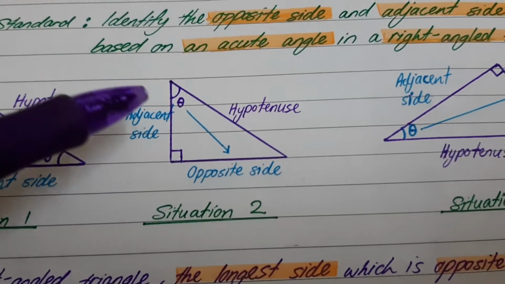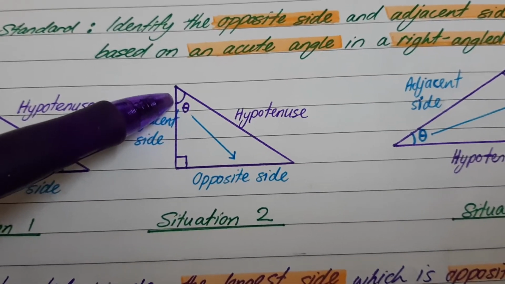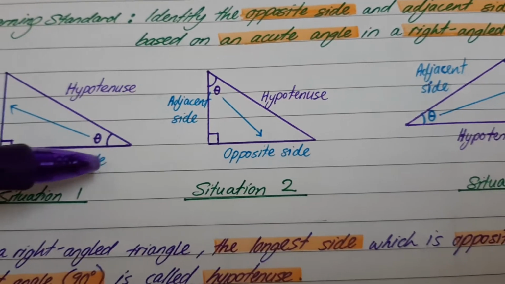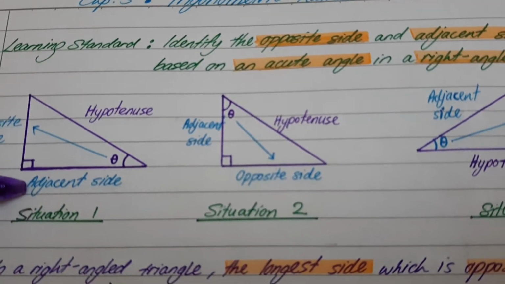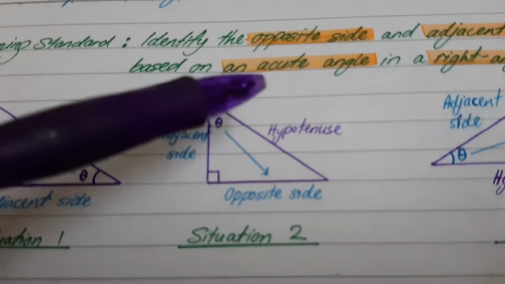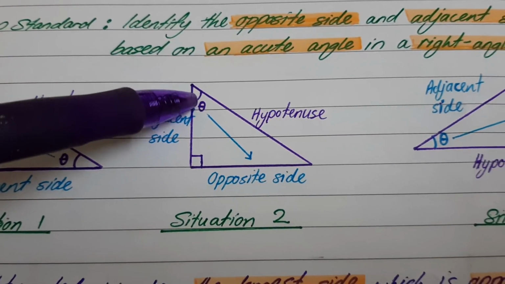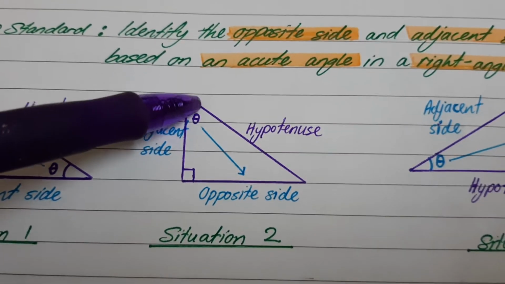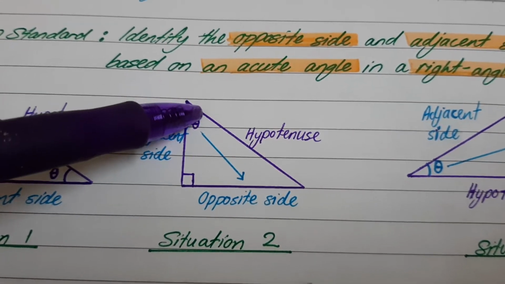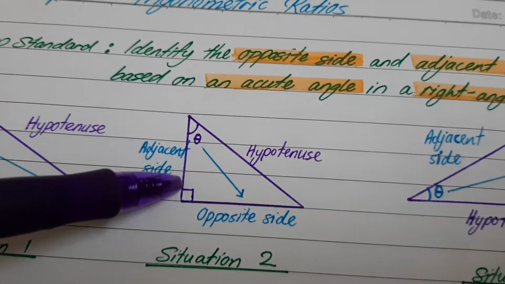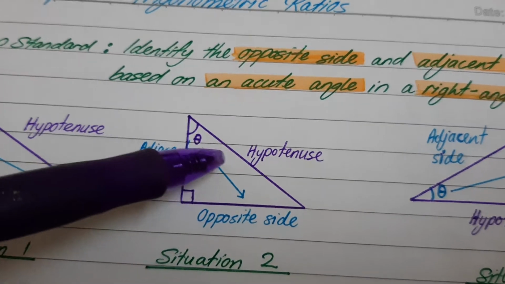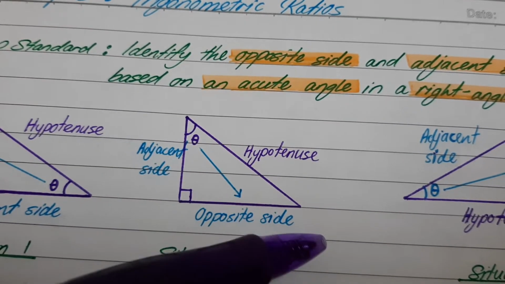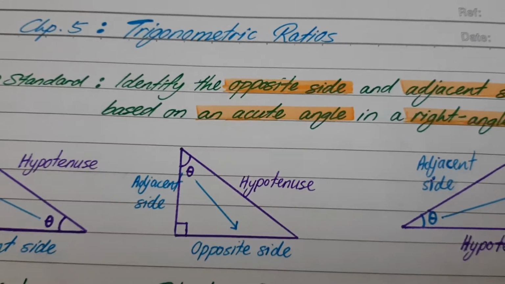I mark the angle here on top; just now the angle was below. So this was your line beside, the adjacent side, but now the angle is marked here, so the line beside the angle is this one and we call it adjacent, and the line opposite to this angle we call the opposite side.